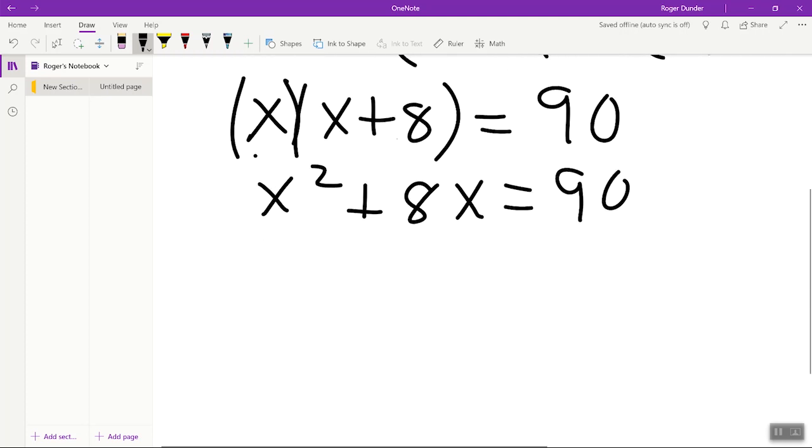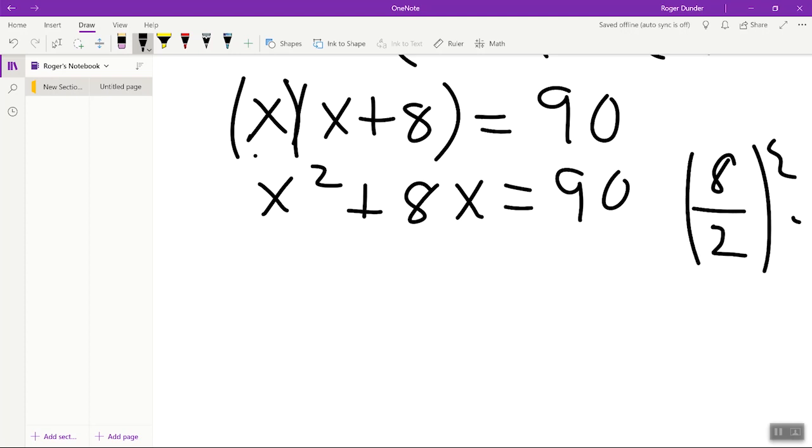Now we're down to a place where we can solve this by completing the square. Once again, what is half the coefficient of x? It's going to be 8 divided by 2, and then of course we're going to square that. We're going to add that to the left and to the right. Half of 8 is 4.